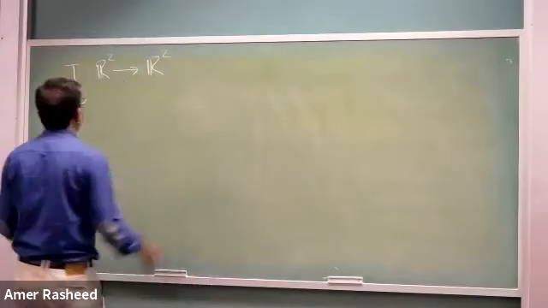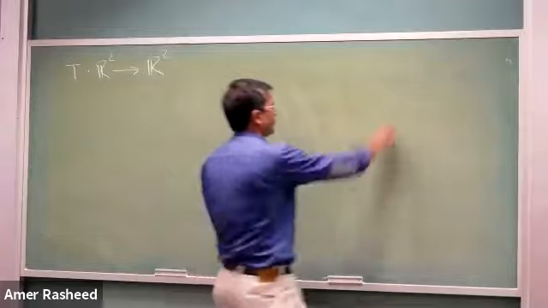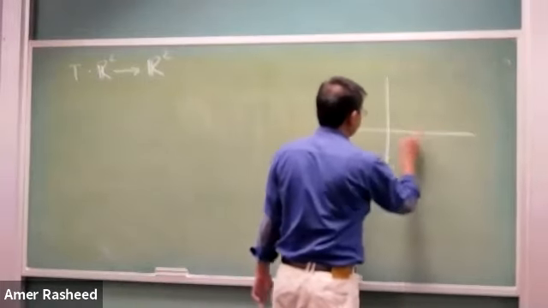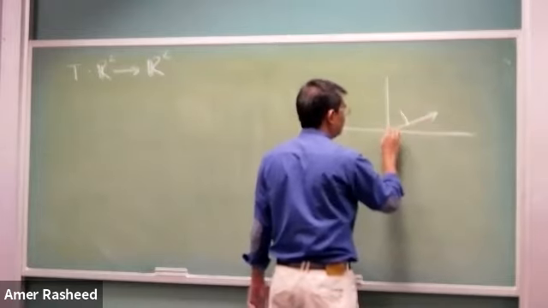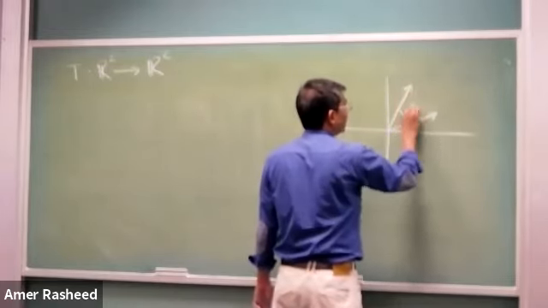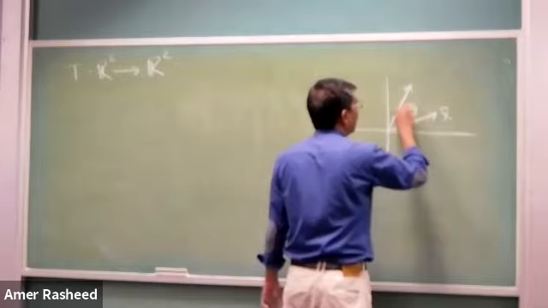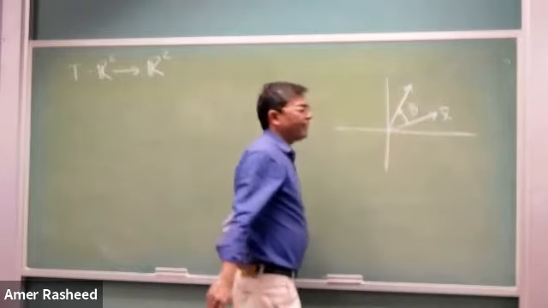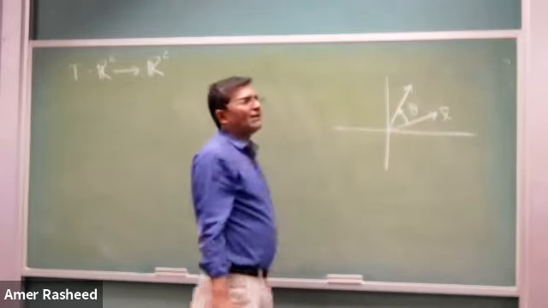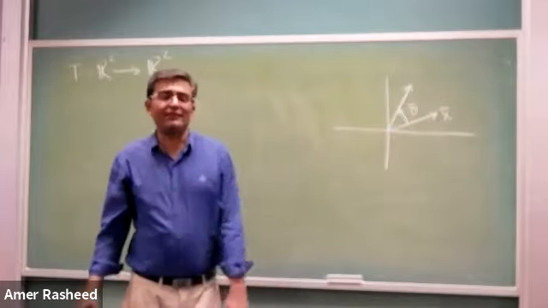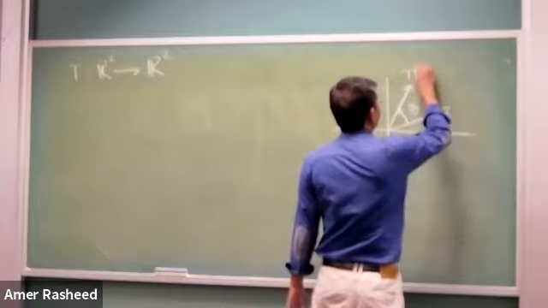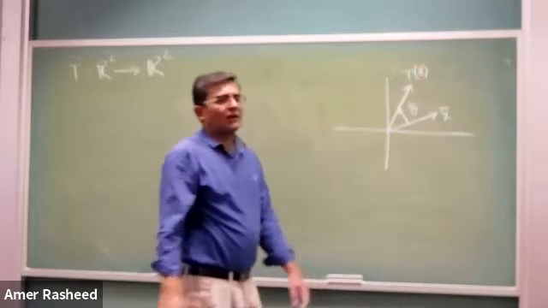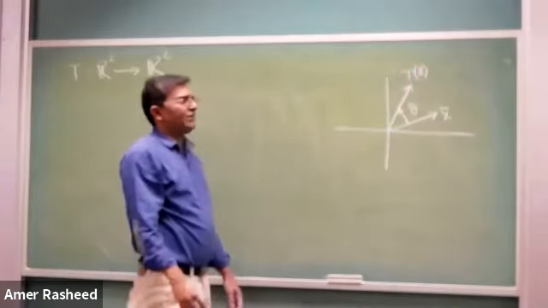Now, let us define another transformation which rotates any vector about an angle theta. So this is your original vector, and you need to define a linear transformation which rotates this vector about an angle theta. And you obtain the new vector here, T of x. What will be your linear transformation here?